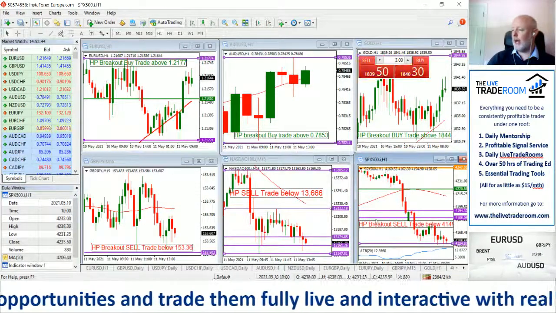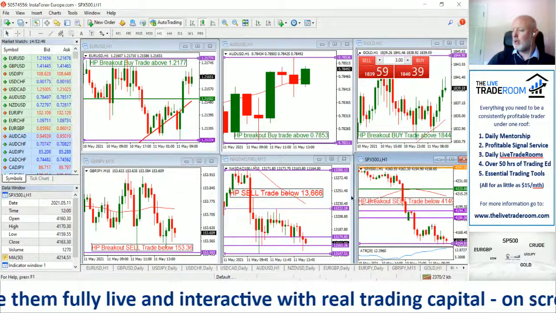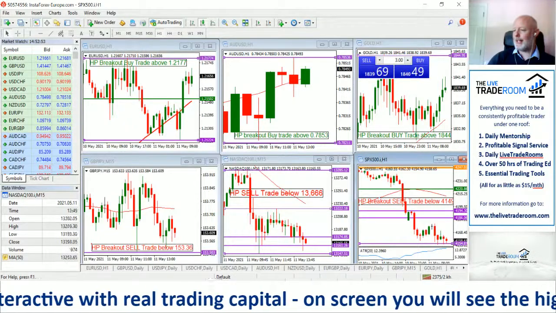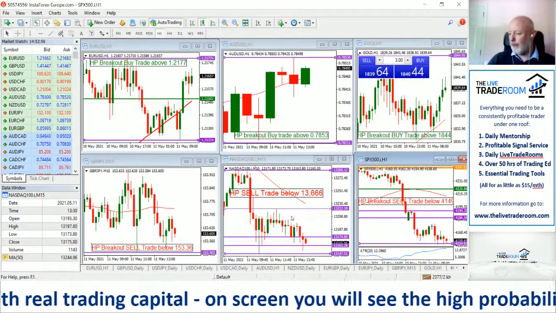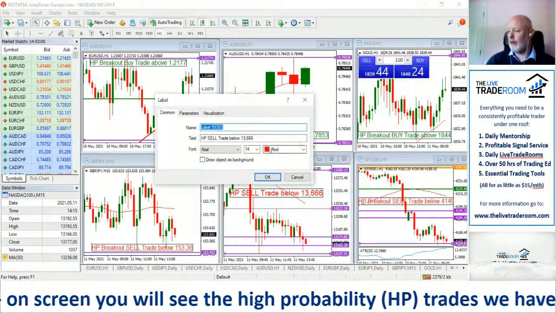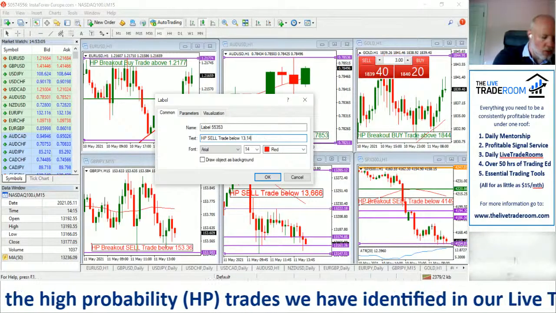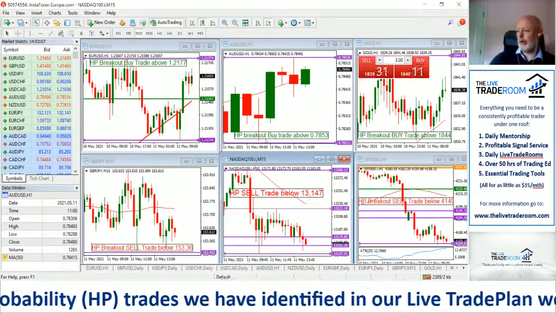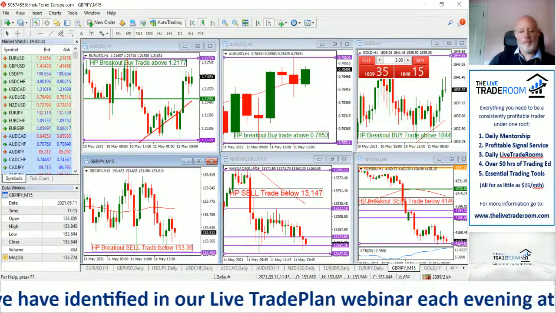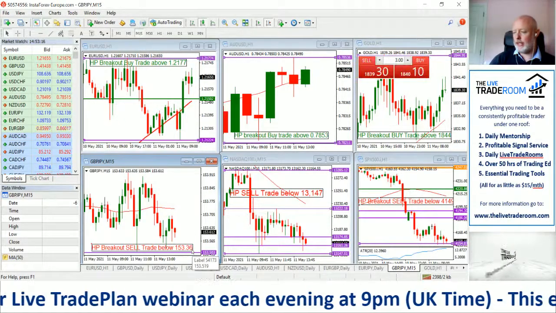So we're looking for the S&P lower, below that 49 level. The Nasdaq below the 13147 now. The pound yen below that 153.36.